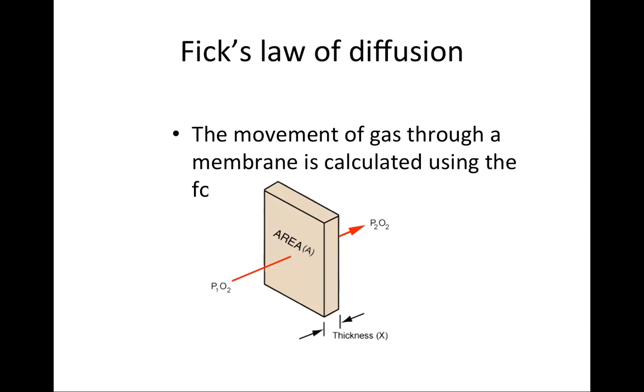So the greater the difference in partial pressures, the more driving pressure there is to move that gas across that membrane. So as area increases or as pressure increases, we'll get more diffusion. On the flip side of that, the thicker the membrane, the slower the diffusion.